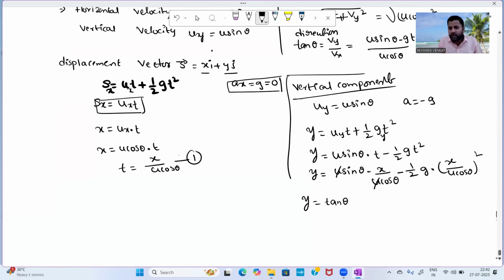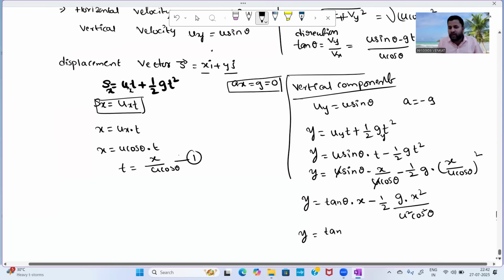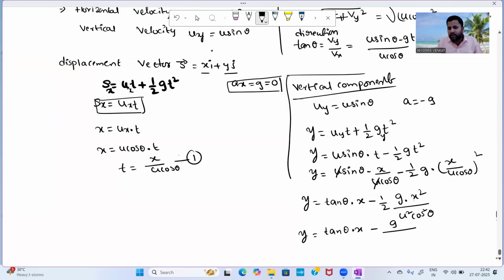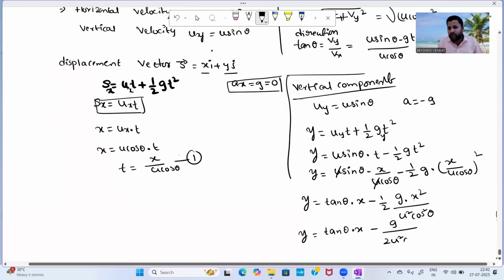So y equals tan theta into x minus half g x square by u square cos square theta. Finally, y equals tan theta into x minus g by 2u square cos square theta into x square.